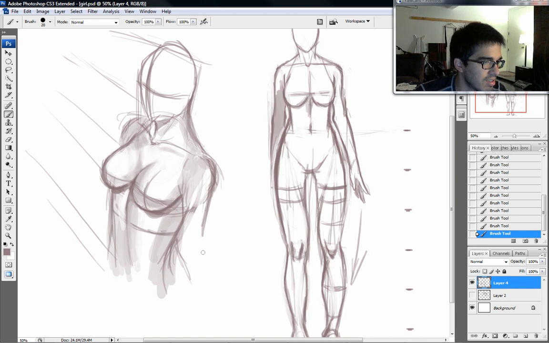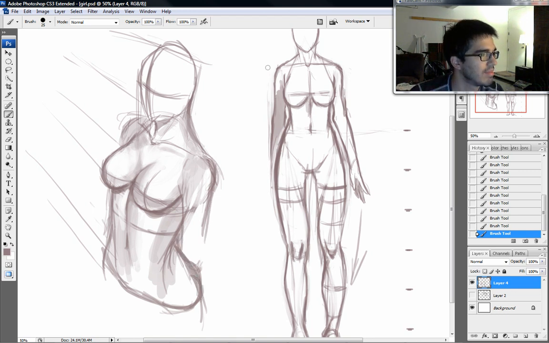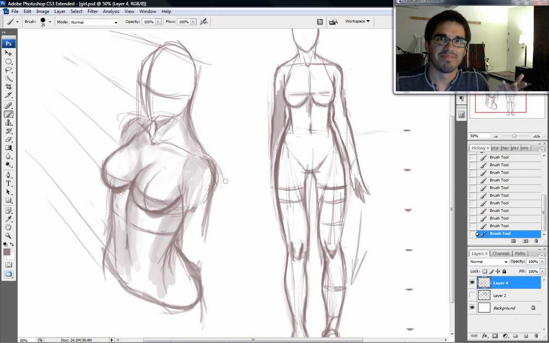You go down, remember elbow is right about there, so the belly button's going to be right about there. Follow this line down. Keep that perspective, so if the hip is down here, the other hip is going to be up there. And round that baby out. And bam! That is how you draw boobies, ladies and gentlemen.